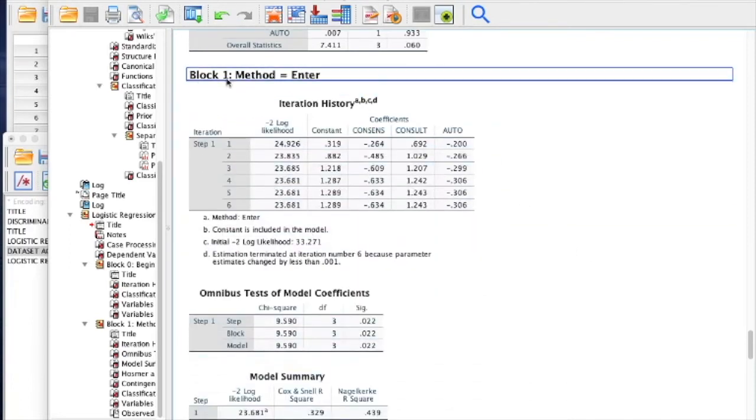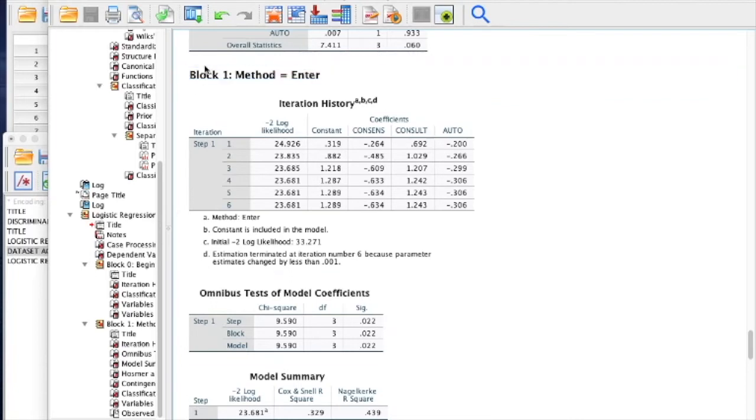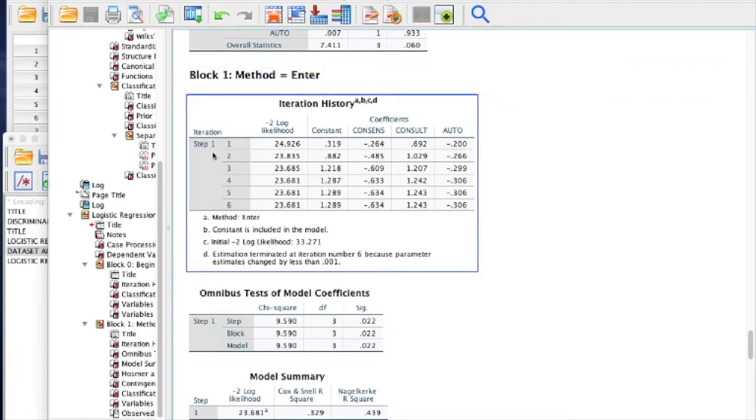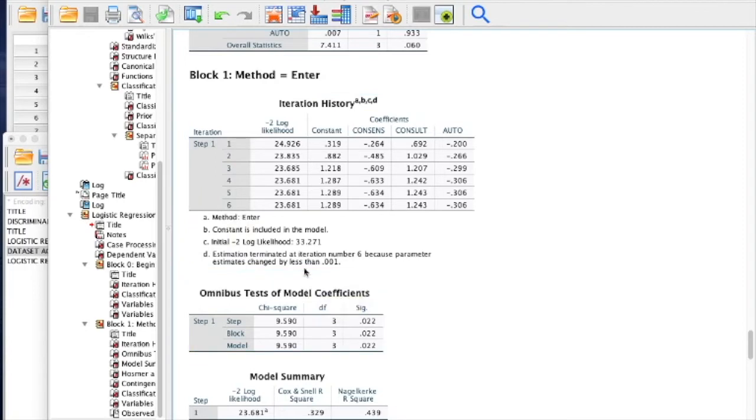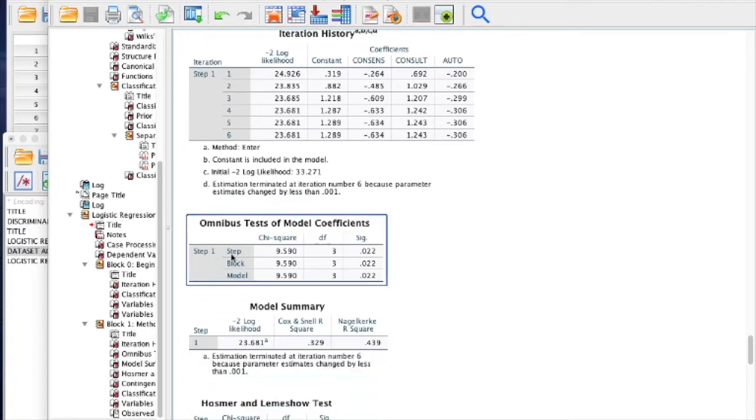Now, block 1, remember we're using the enter method, so we've entered everything into a singular block. We see here there's 6 iterations until it got to what it considered the most optimal regression. And it's telling us, okay, so remember step, block, and model here all the same because this is the first step. If we had more steps, it would change, but it isn't.